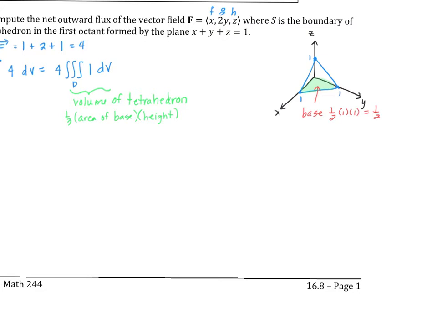Remember there's a 4 on the outside of this triple integral. So this is simply equal to 4 times 1/3 times the area of the base, which is 1/2, times the height. The height is the maximum z value, which in this case is 1. And I get 4/6, or 2/3.